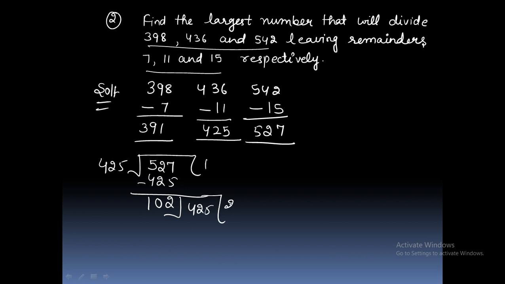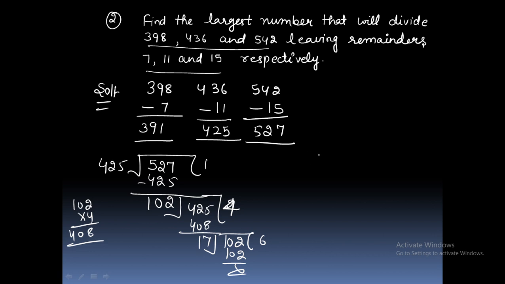Now it will go on again, 4's table: 102 multiplied by 4 is 408, and the remainder is 17. Now 17 6 is 102. We will get here 17 as the HCF of 425 and 527.